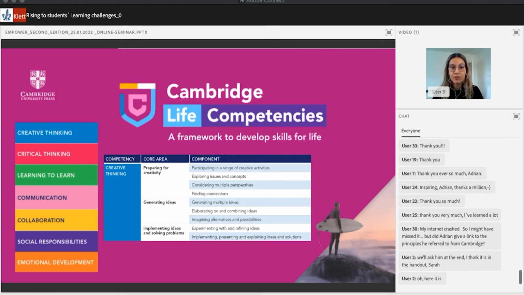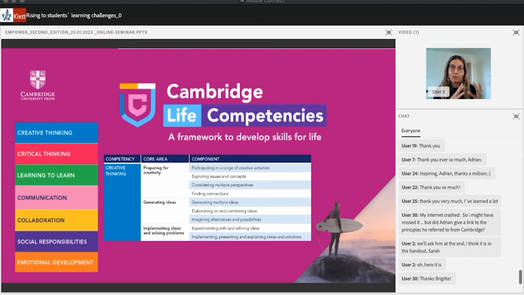So for example, the life competencies are creative thinking, critical thinking, learning to learn, communication, collaboration, social responsibility, and emotional development. And through our research we have shown that these life competencies are crucial for the world of work, for life in society in general.